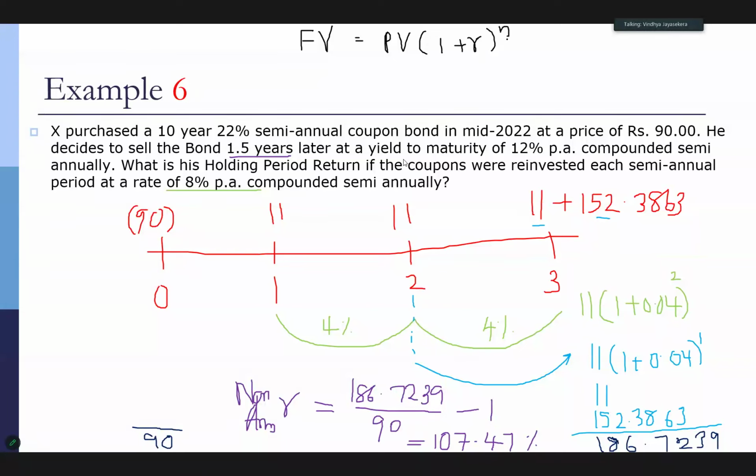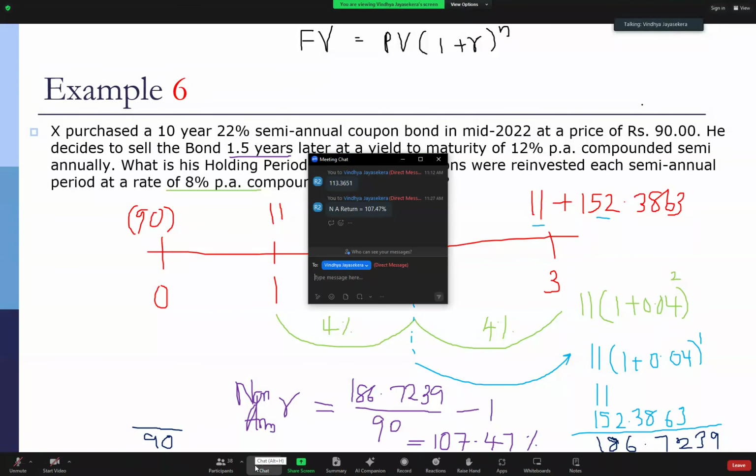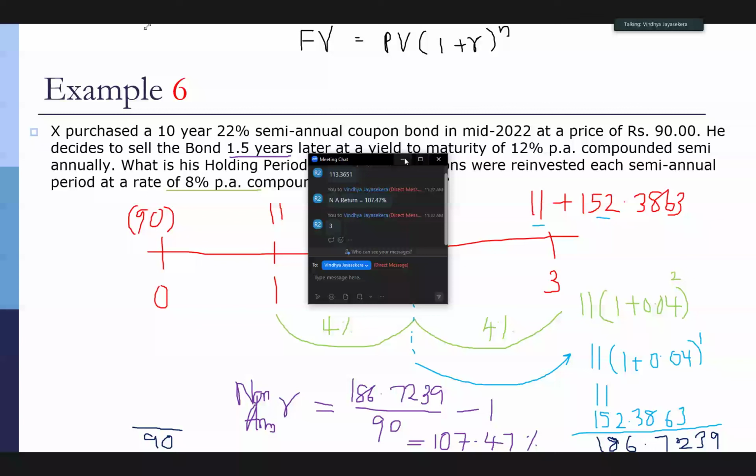No. How much is N in this example? Johan, no. 28, no. Yes, correct. Tirani, yes. N is 3.